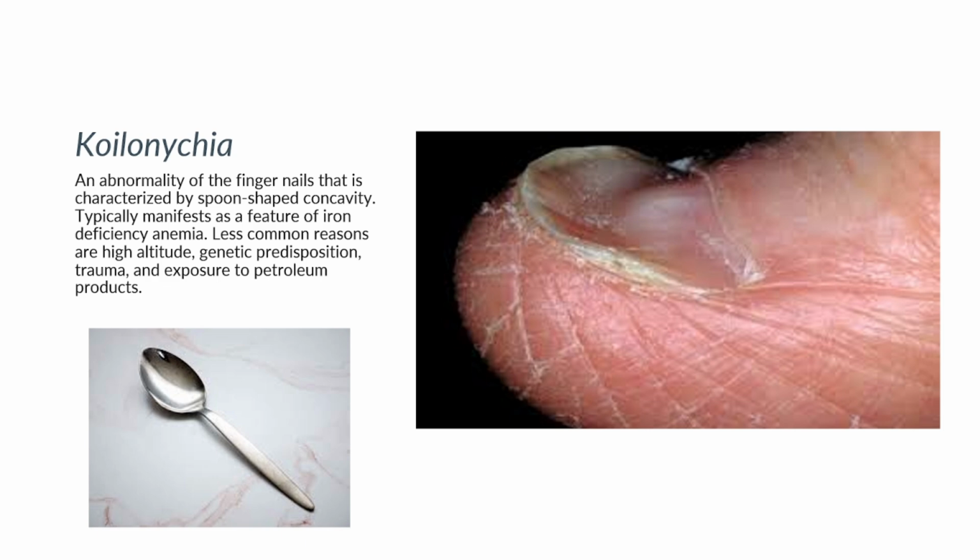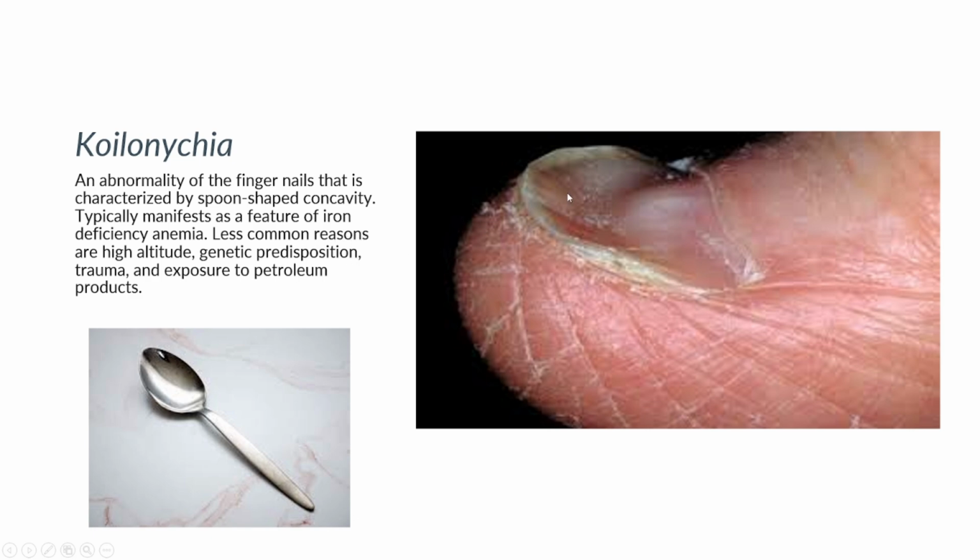Now the next condition, koilonychia, or the spoon-shaped nail. So this is the spoon and this is the nail. It's like a spoon-shaped nail. It is most common to appear in iron deficiency anemia. There are also some other causes, like genetic predisposition.